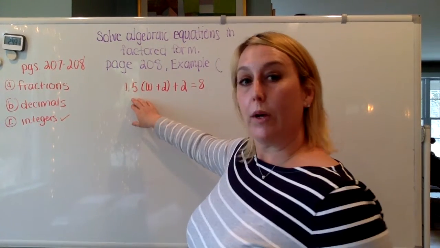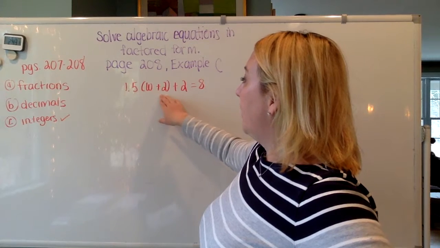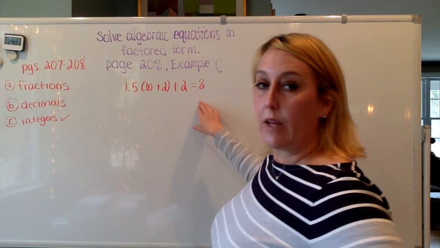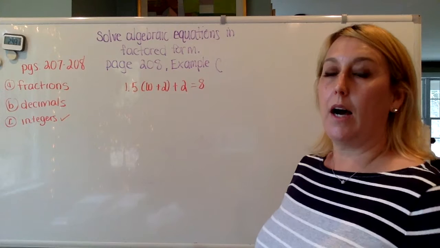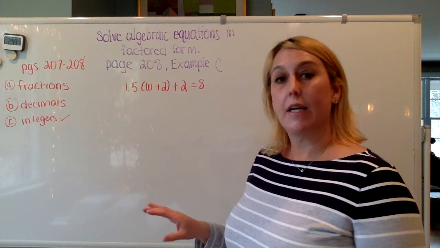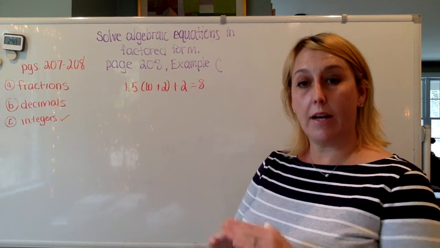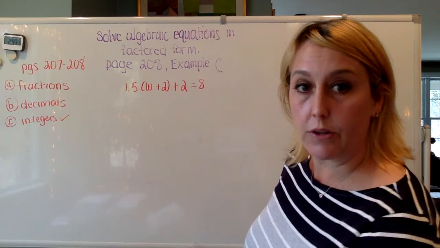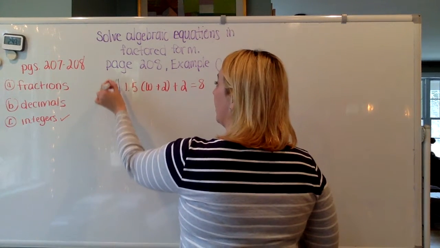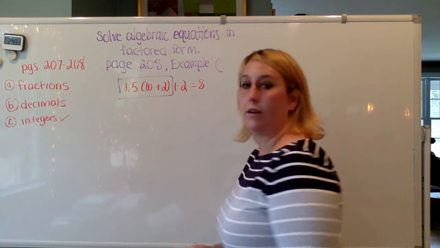So it has 1.5 times (w plus 2) equals 8. Now, my first step is that I expand the factored expression. So you got to say, well, which is the factored part? This is the factored part.